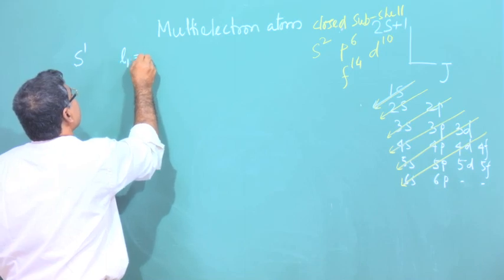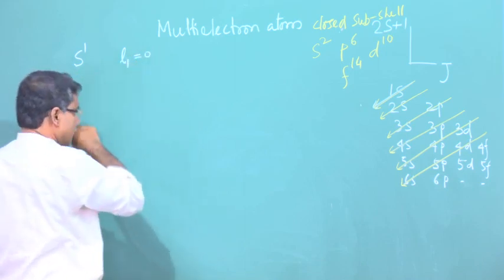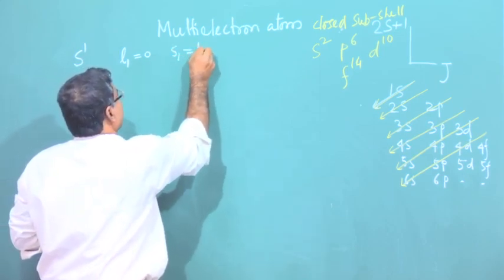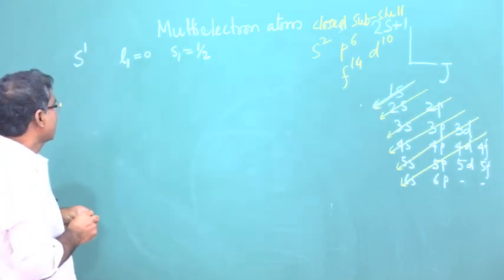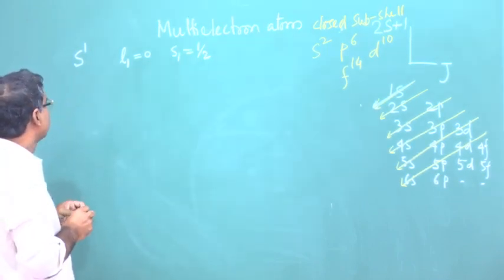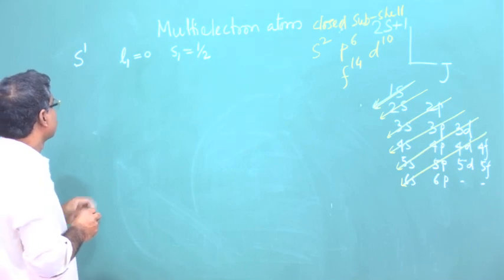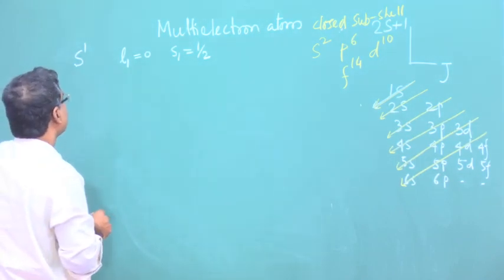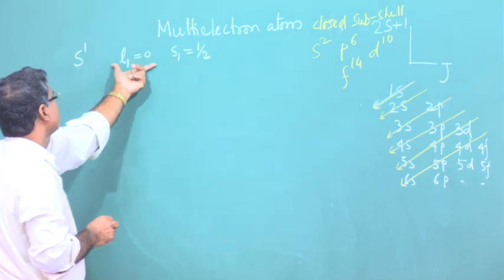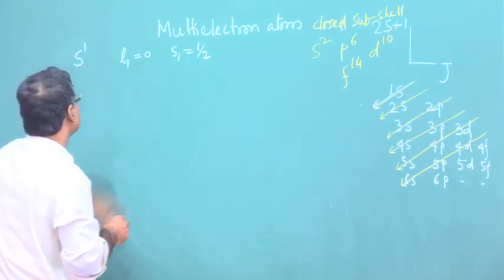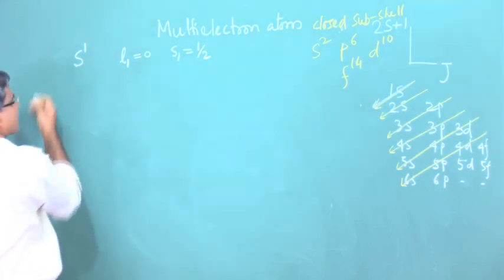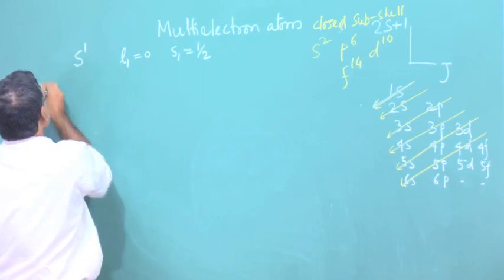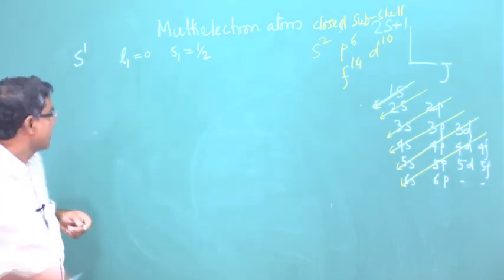So, let me write L1 equal to 0, and this 1 electron is there. So, S1 is half, right. This is fine. So, its spectroscopic term for 1 electron, since L is 0, it will be 1 spectroscopic term. Here I can write, I will write here.